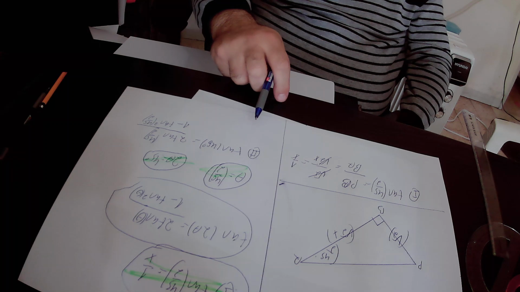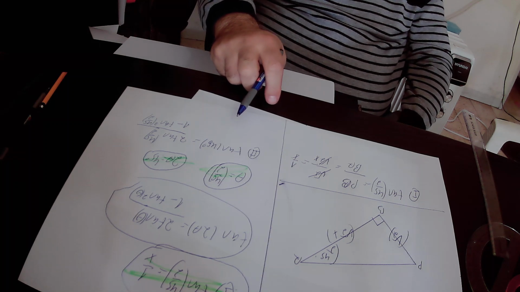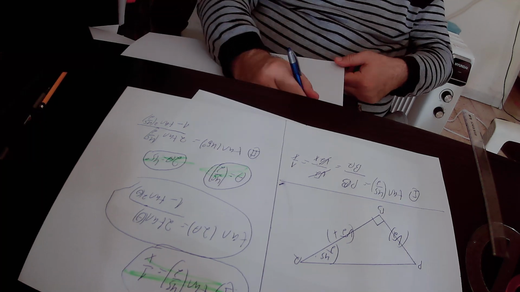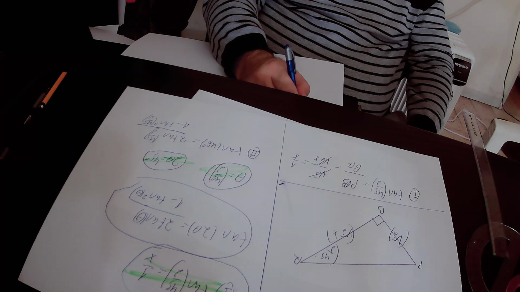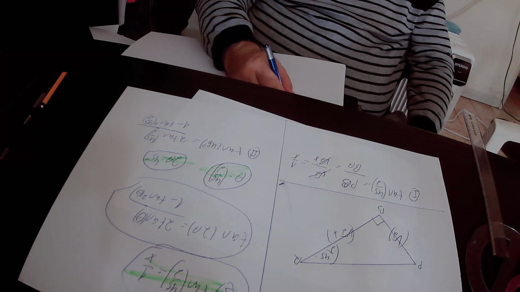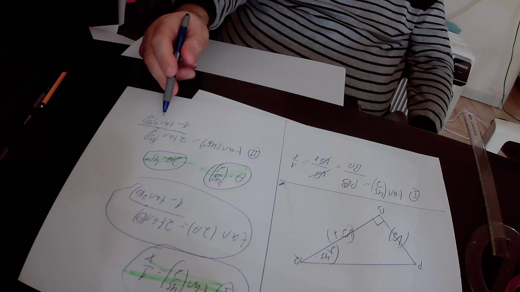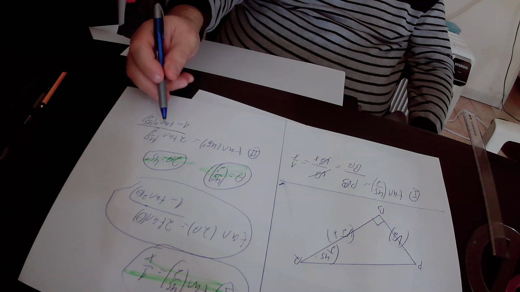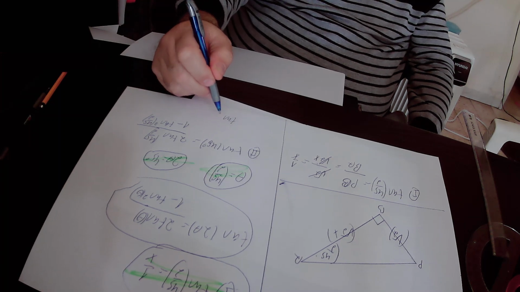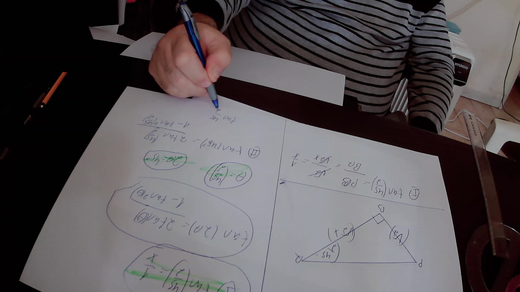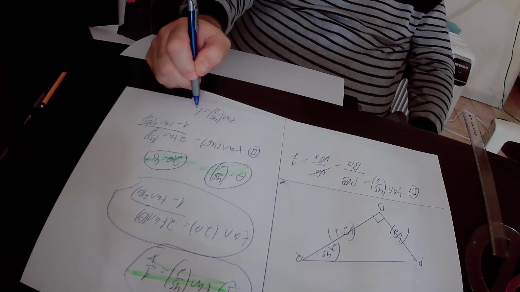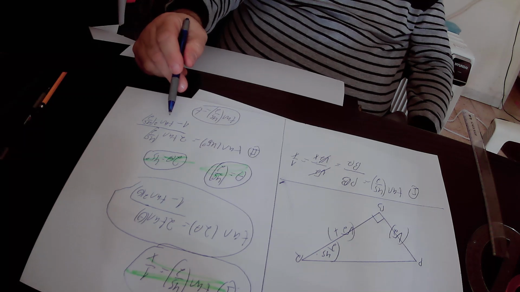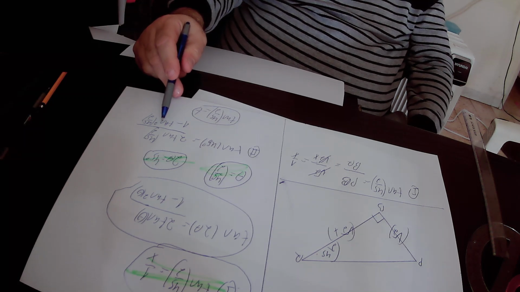Tangent 45 degrees is 1, so we substitute tangent 45 degrees in this equation number 2 by 1. And it is equal to 2 times tangent 45 over 2 degrees. Here we will define tangent 45 over 2 degrees as t, and we'll substitute tangent 45 over 2 degrees in this equation number 2 by t.